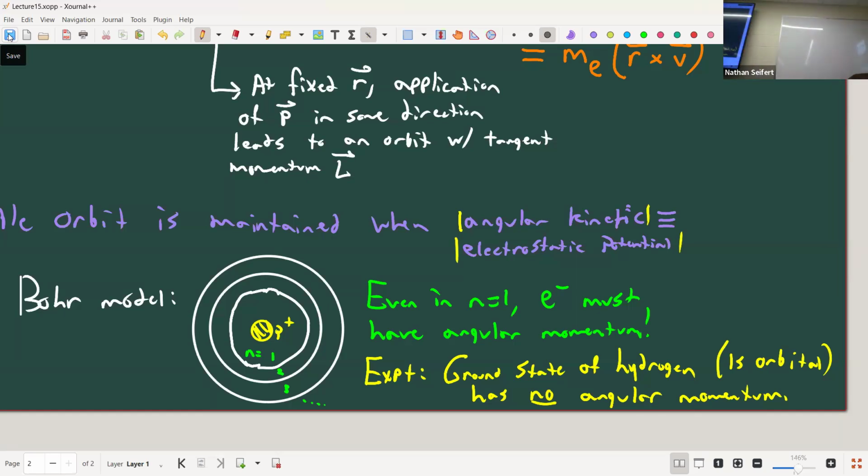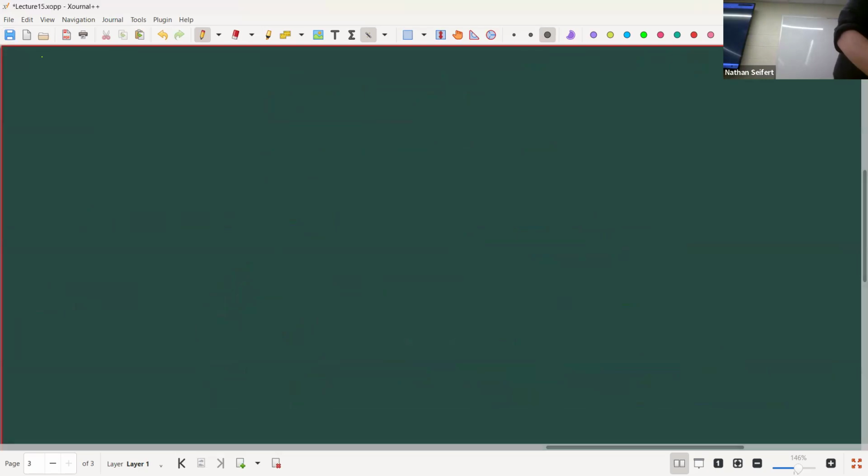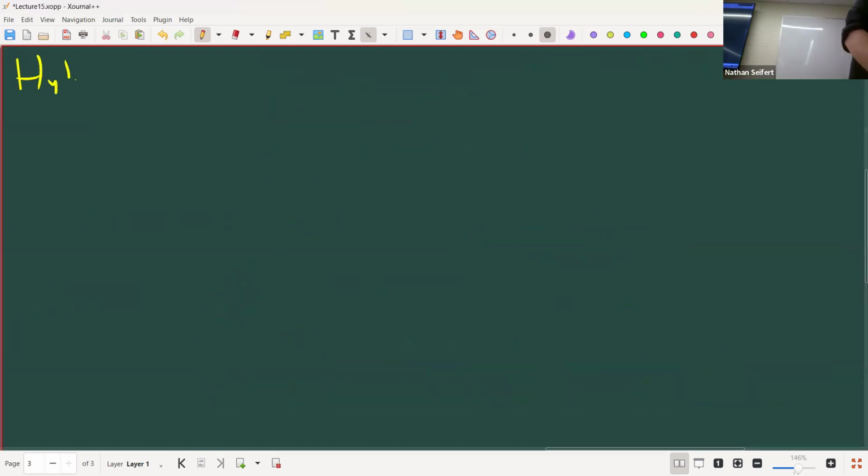We're going to analyze the angular momentum problem separately from the electrostatic potential part. We can do that, and let me explain why. The hydrogen atom is a separable system.